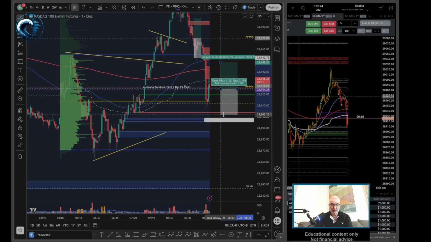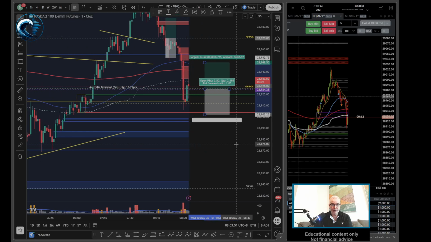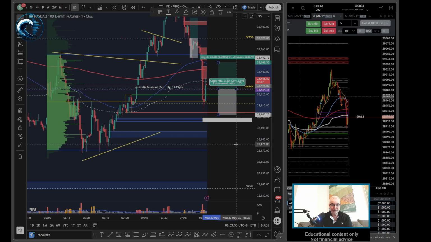Best I could do is probably just that orb. It's a fair bit of volume there. You've got to get through the POC. You've got to get through this area.